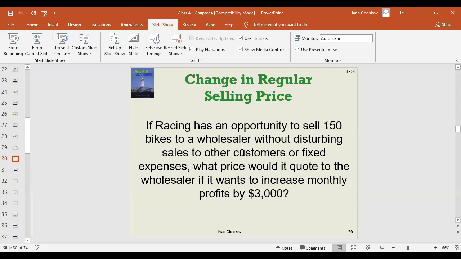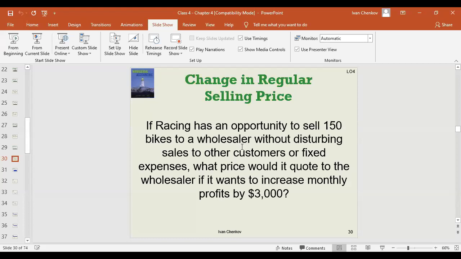So how many dollars do I need from each bike? $20.